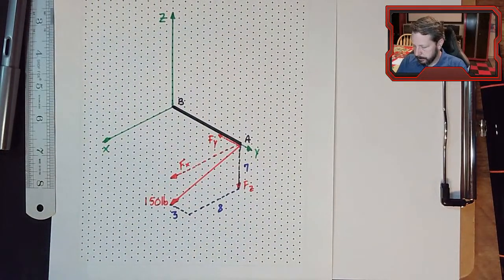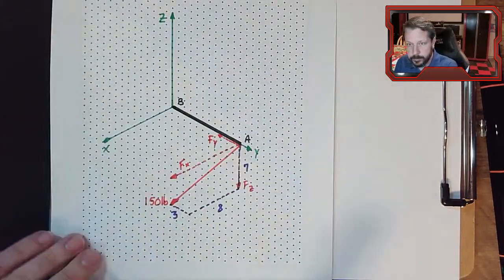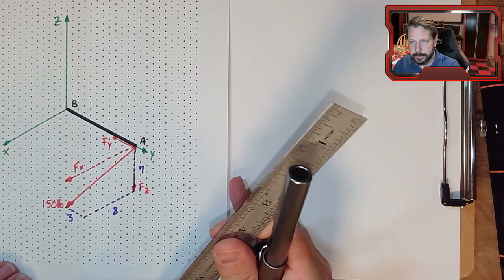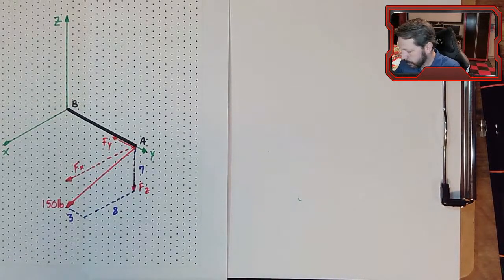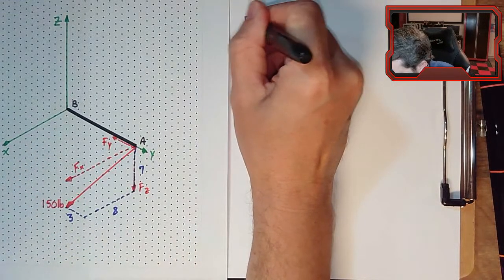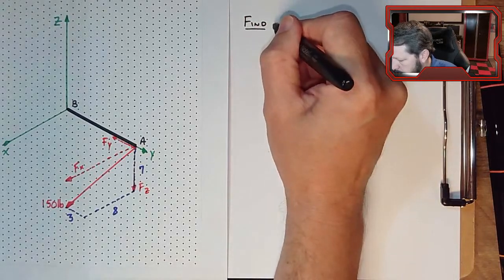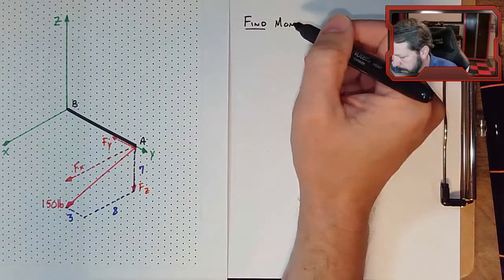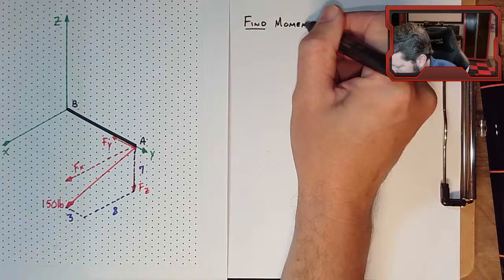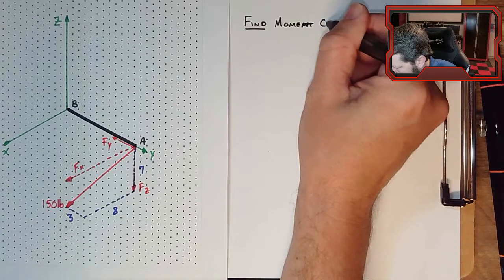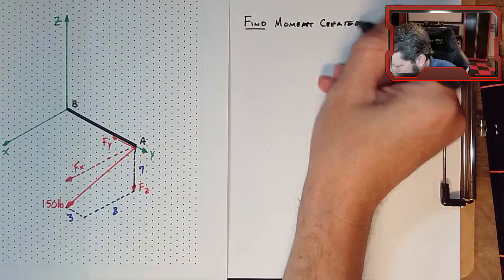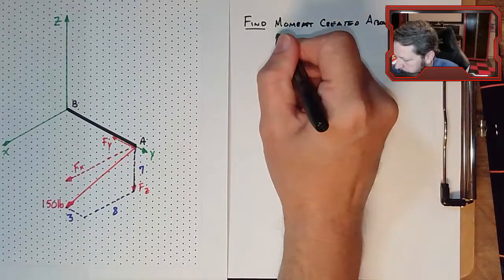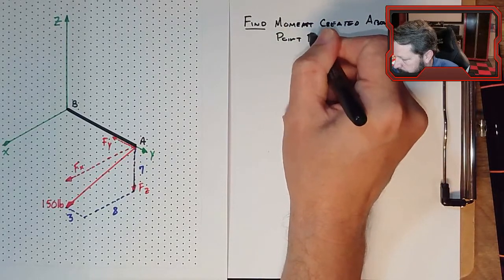So if I'm given all of this, and let's make some room on my paper so we can not write on the dots, because it gets really cluttery to write on the dots. So I'm given this, and I want to find maybe the moment created about point B. We'll go down here. Point B. All right.